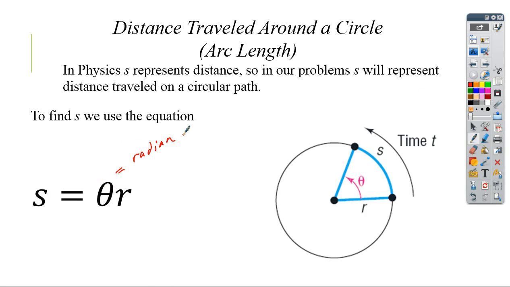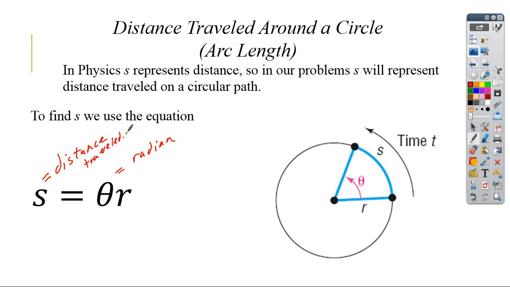We use radians, okay? And it's going to always be radians. It makes life a whole lot easier. Times my radius. Radian times radius. This here, S, is distance traveled.